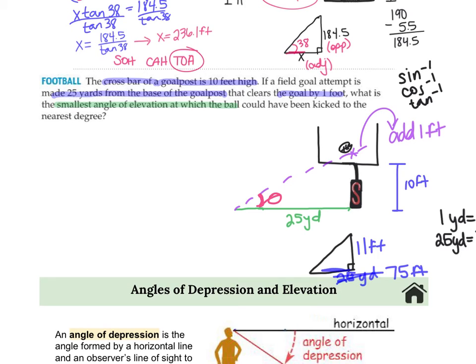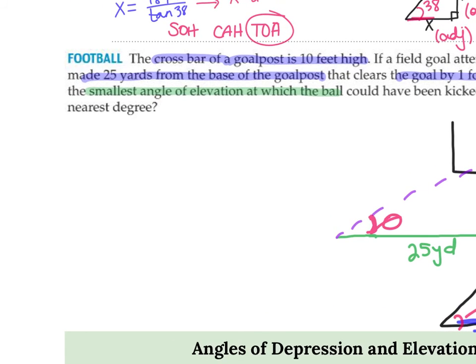To know which one we have to use, I have my angle, I have an opposite and an adjacent. When I have opposite and adjacent, I know I have to use tangent. So the tangent is equal to opposite over adjacent, or 11 over 75.